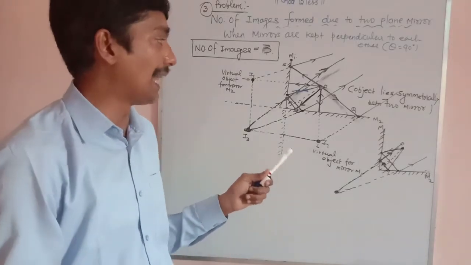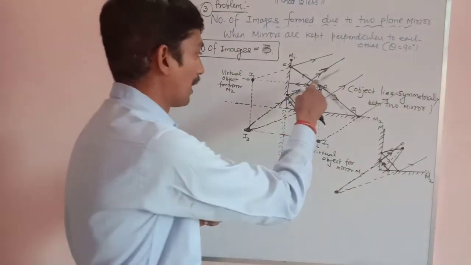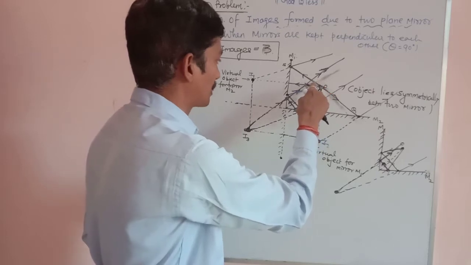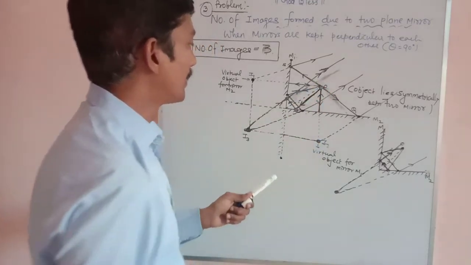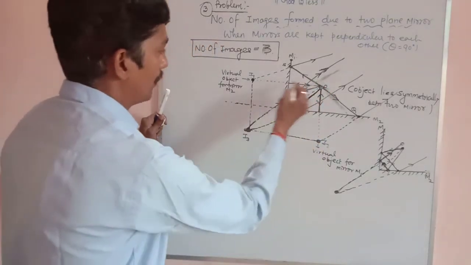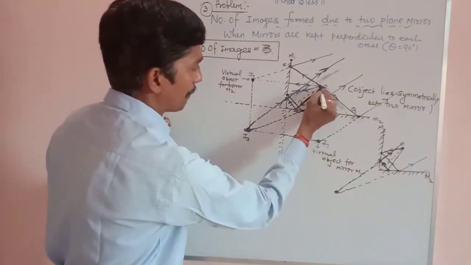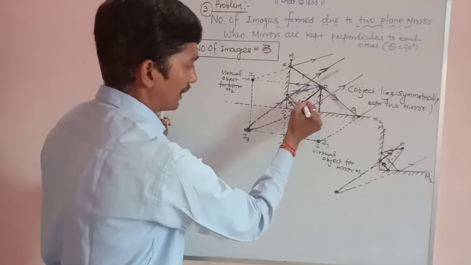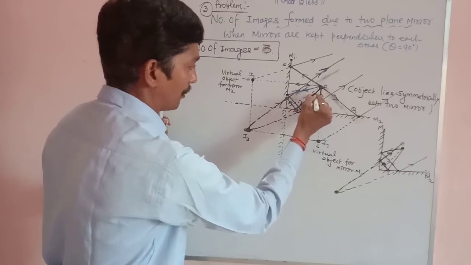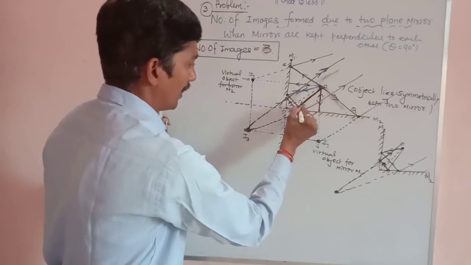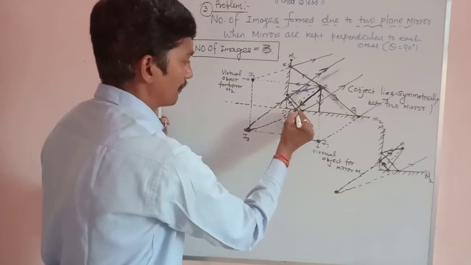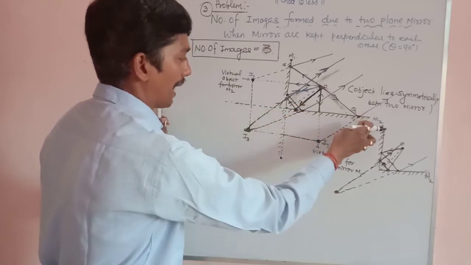But if anybody will ask you to draw the ray diagram, I have drawn the ray diagram for the first two cases. You can see the ray diagram I already drew for I1 and I2. Now for I3, what should I do? This is the point object. I have taken one of the rays like this. Here again I am doing it. Please check it out. It is incident at this point on mirror M2.